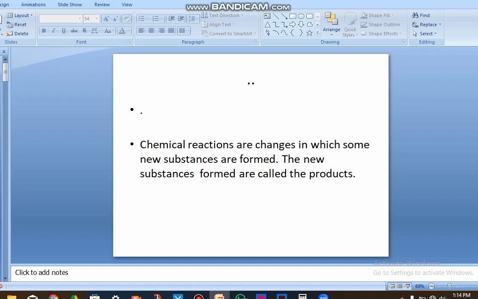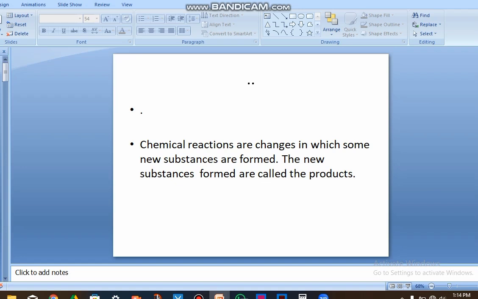The new substances are what we call the product. New substances are formed when two elements or two compounds are reacting. They must form what we call product. That is what we are calling the new substance. So in every chemical reaction, new substances must be formed.